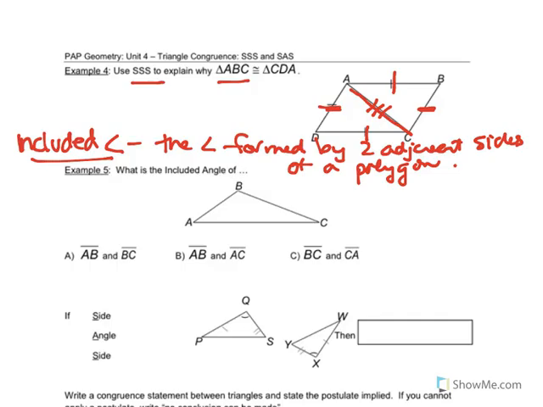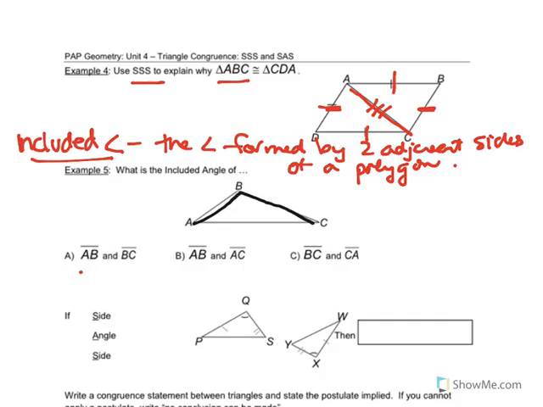So if we look at this triangle, what's the included angle of segments BA and AC? It's the angle that's in between. That's going to be angle A. Oh, and here, look at it. See, right here, AB. I got ahead of myself. Let's look down here. AB and BC. Here's AB and BC.